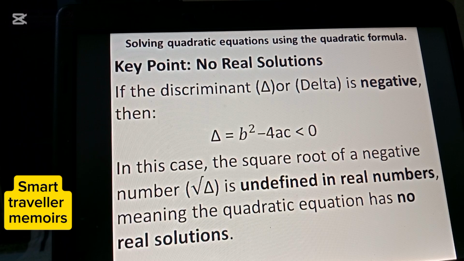For those of us who are still in the lower levels, as you go to the higher levels, you find we have other types of numbers known as complex numbers, apart from the real numbers. So this is just the beginning of your journey in mathematics.